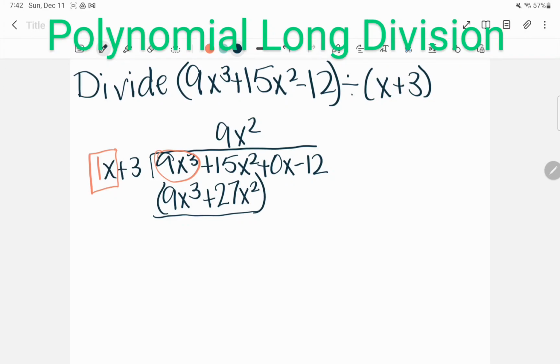I'll subtract this binomial. So these are reduced to 0, and I have negative 12x squared. I'm going to bring down that 0x. I'm going to have to multiply by negative 12x.